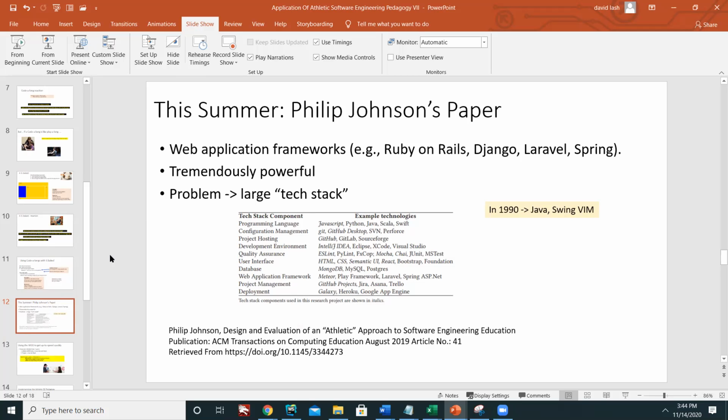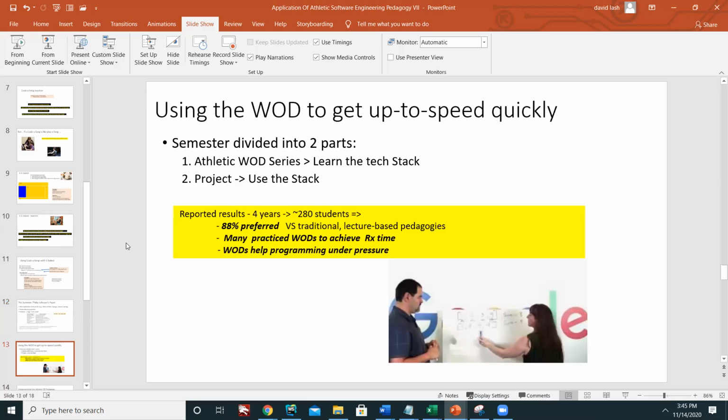He's doing this in 1 semester, this athletic framework. What he does in his paper is divide the semester into two pieces. The first part, because he's trying to get them to learn the tech stack and then apply it to solve some big problem, he organizes what he calls workouts of the day.